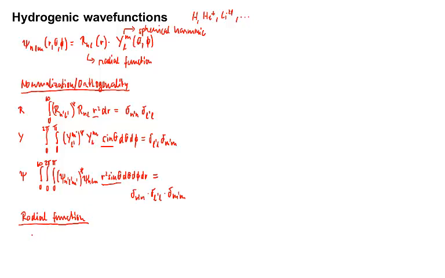Its general form is R_nl(r) equals N_nl times L_{n-l-1}^{2l+1}(ρ) times ρ^l times e^(-ρ/2), where ρ is a scaled radius that's equal to 2Z/n times r divided by the Bohr radius, a0. The first factor in this expression is a normalization constant.